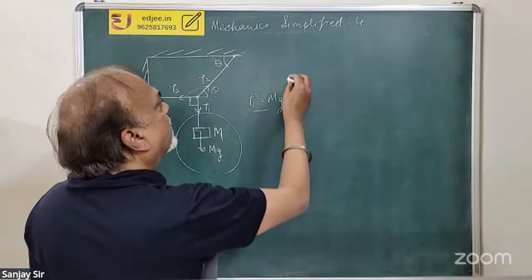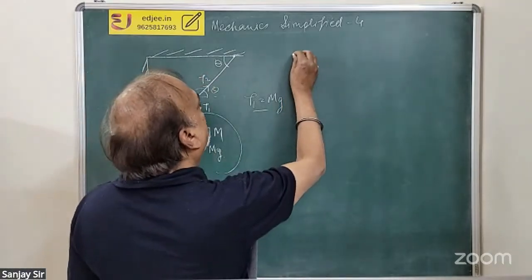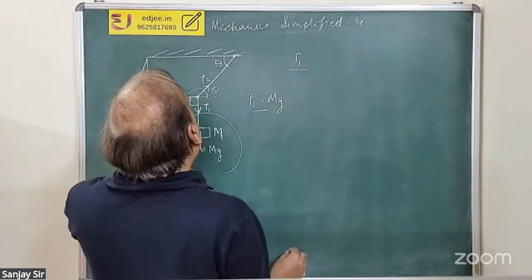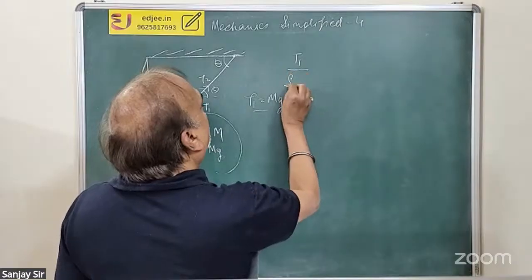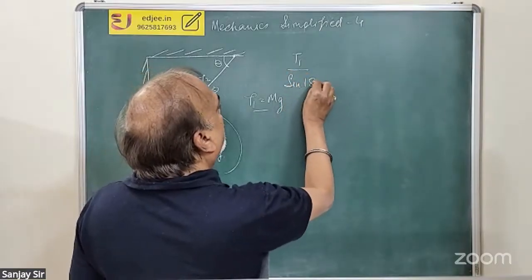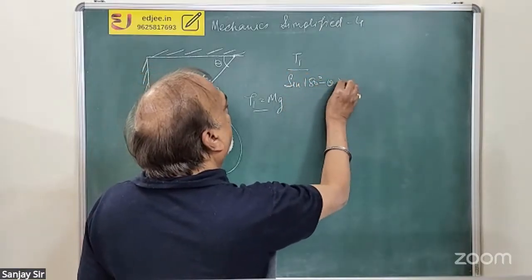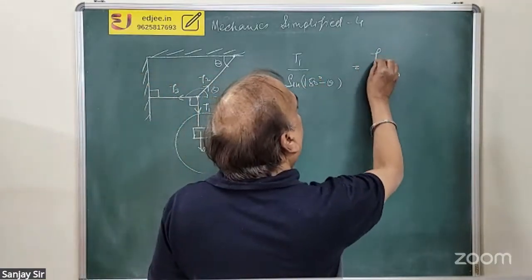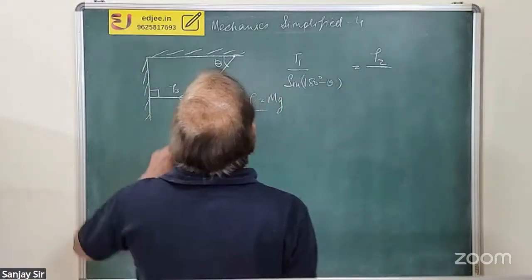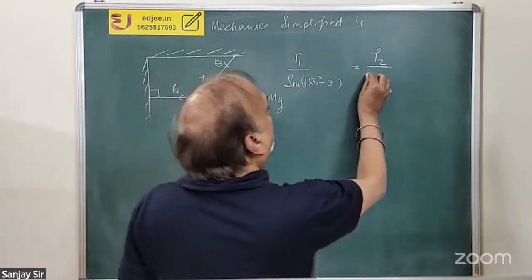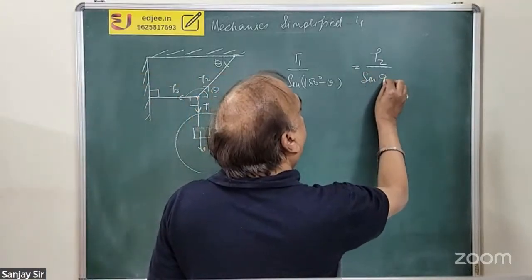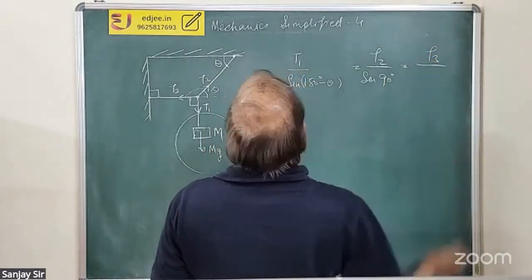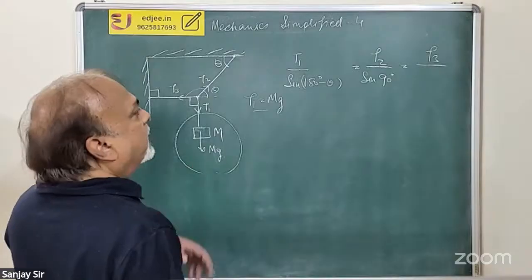So again, the same thing as the last question. T1 upon sine 180 degrees minus theta will be equal to T2 upon sine, and this is T3.